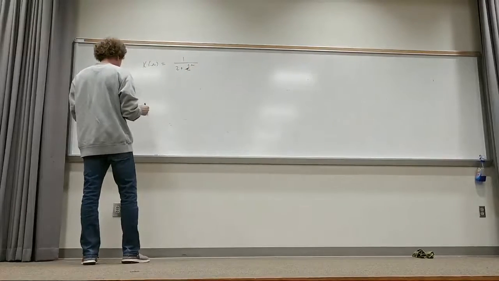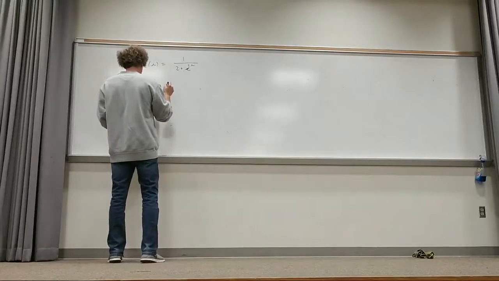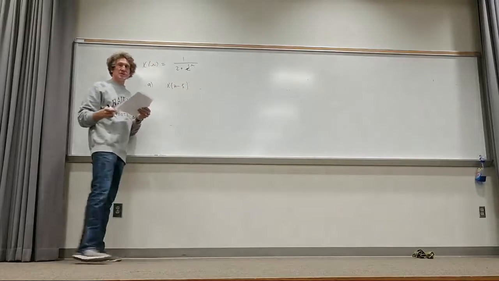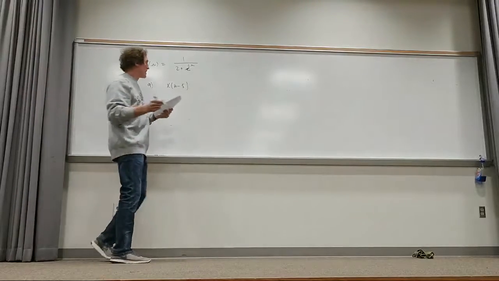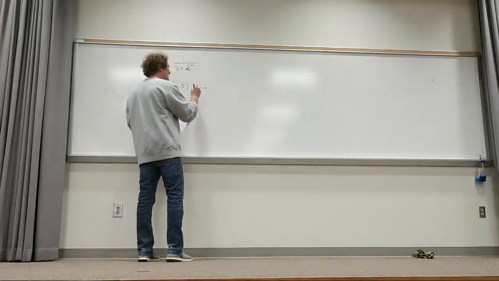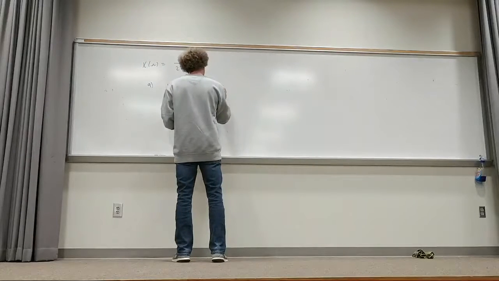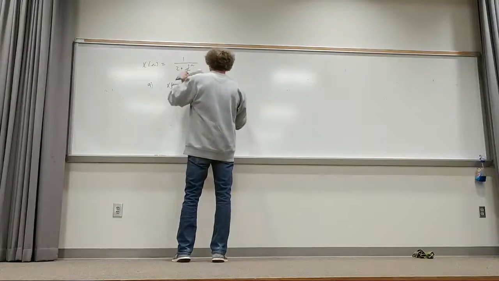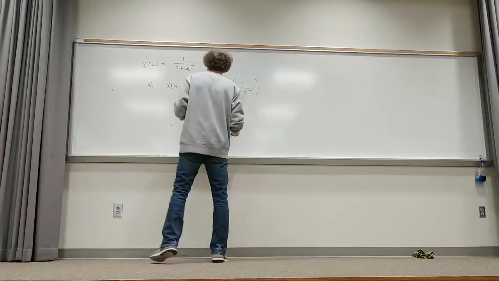Then I asked you some things. The first one, for A, was the transform of x of n minus 5. This is the simple shift property: shift in time, phase, and frequency. It doesn't matter if you're in the time domain or n domain, t domain or n. So this is going to be simply equal to e to the minus j 5 omega times 1 over 2 plus e to the j omega. That's all you had to write down.